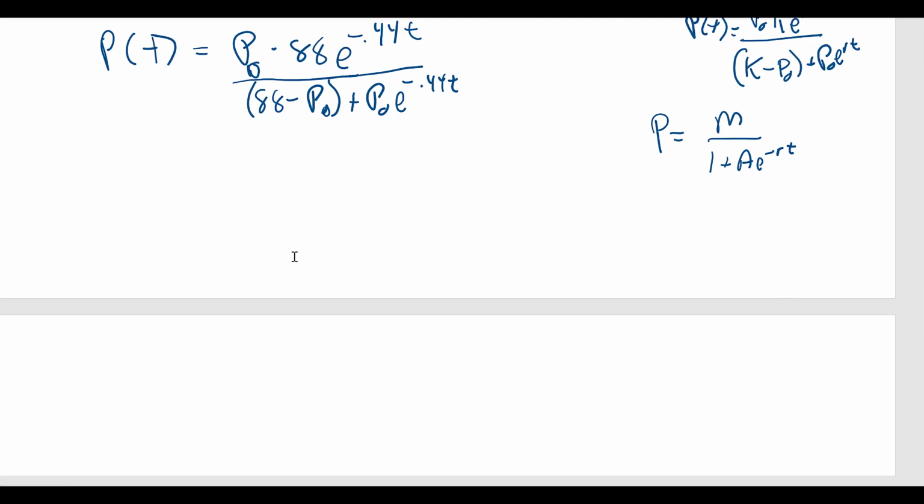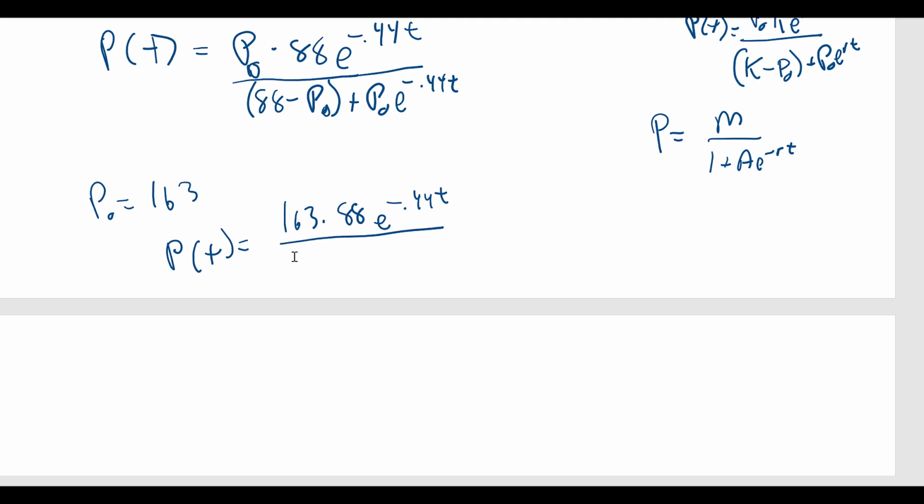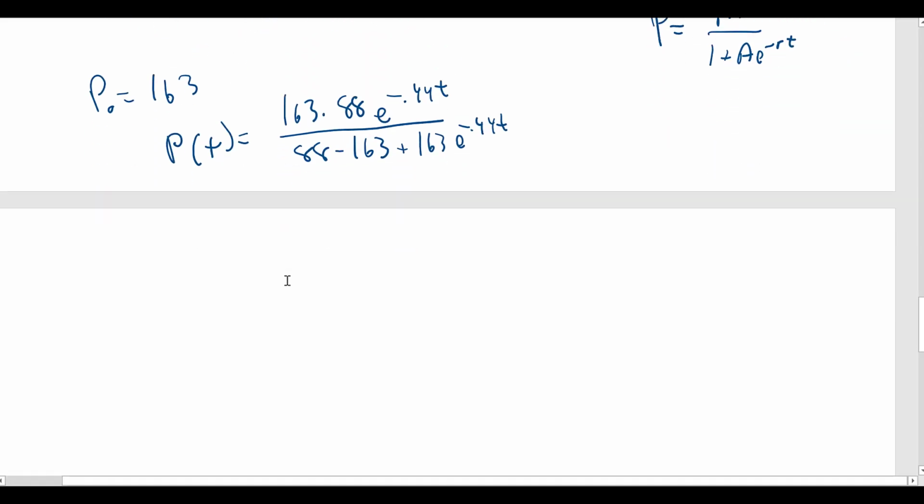P sub 0, our initial population, is 163. That makes P of t equal to 163 times 88 e to the negative 0.44t over 88 minus the 163 plus 163 e to the negative 0.44t. Let me go ahead and continue on here.